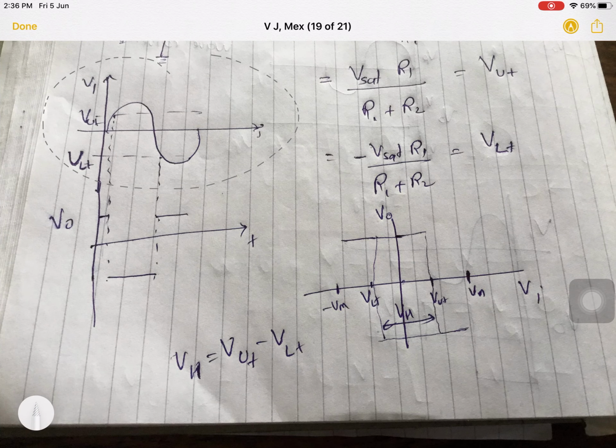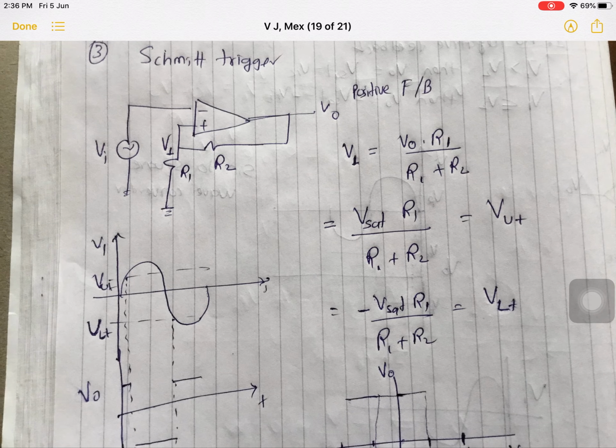This is its input waveform. We have to draw its output waveform. Let us assume initially the output is Vsat.